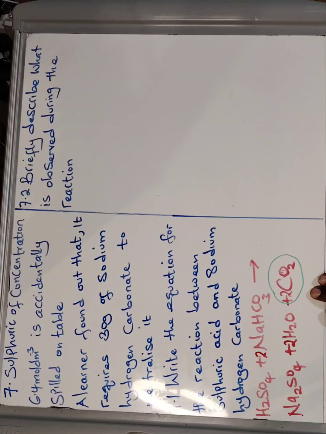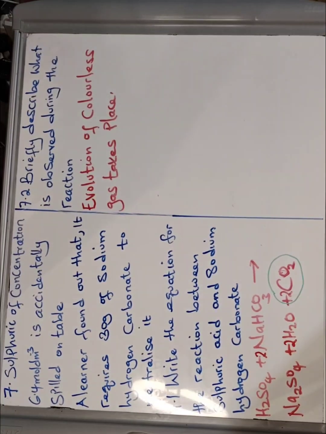What is observed is evolution of a gas, or colorless gas is released, or effervescence. So you write whatever is in line with what I've just told you. Evolution of colorless gas takes place.